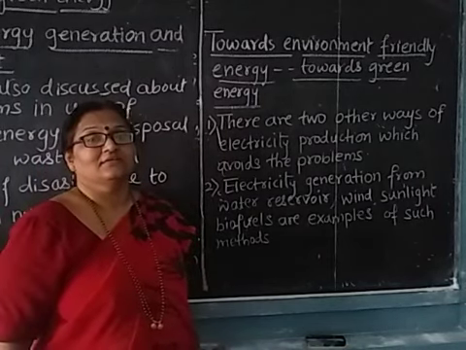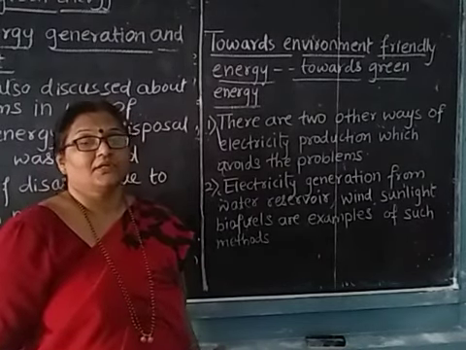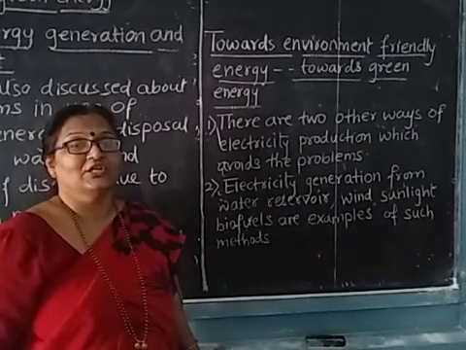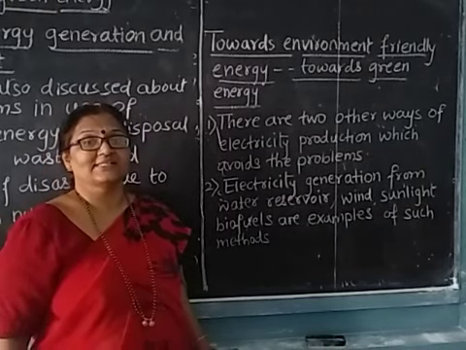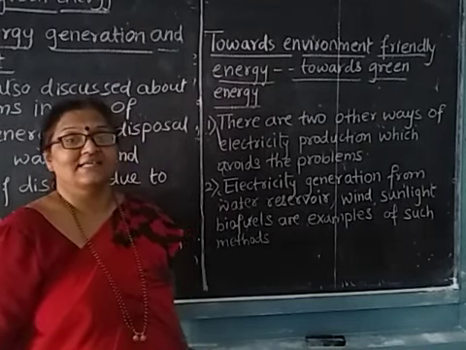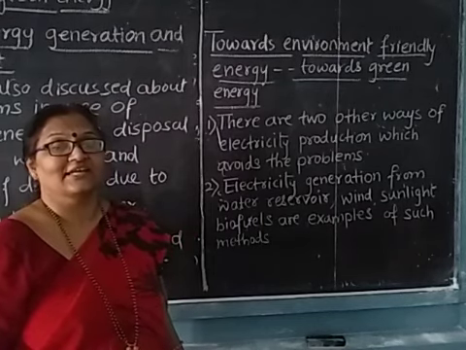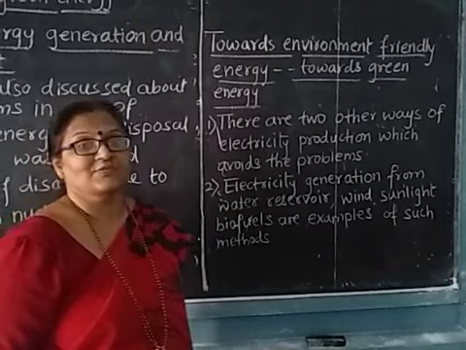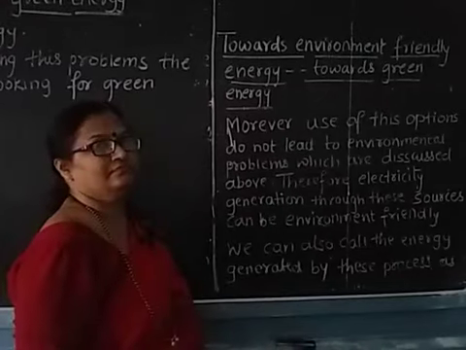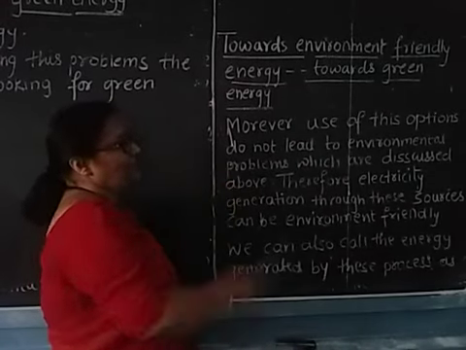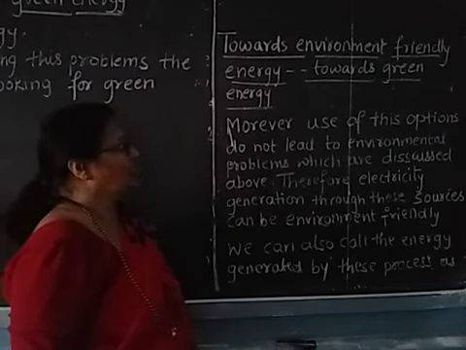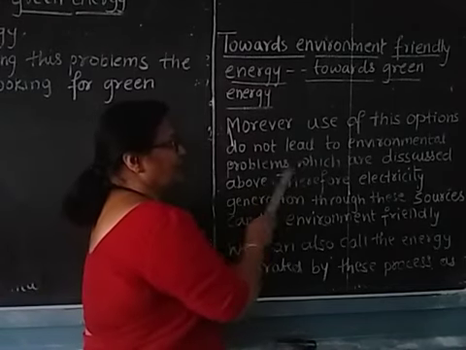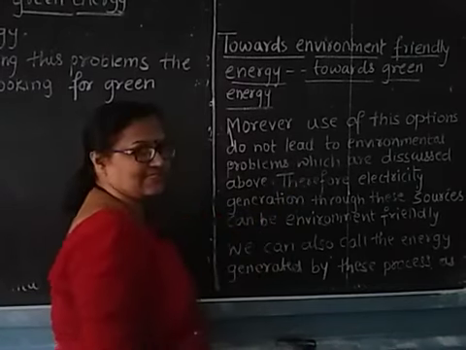Then again, the nuclear power plant, there are hazardous problems which are created due to the nuclear power plant. So the next point, moreover, use of this option does not lead to the environmental problems which are discussed above.